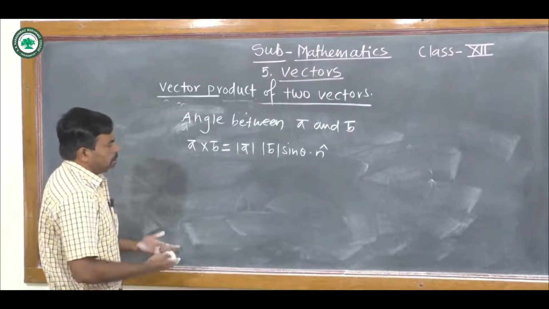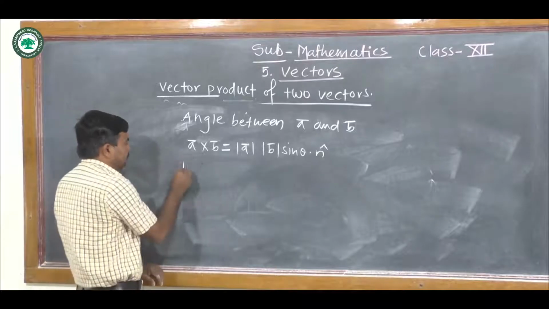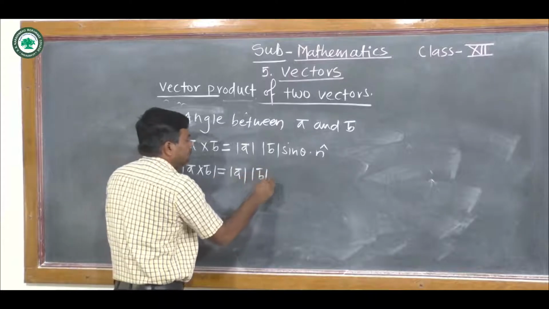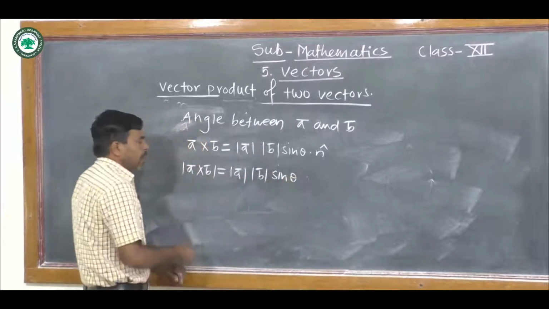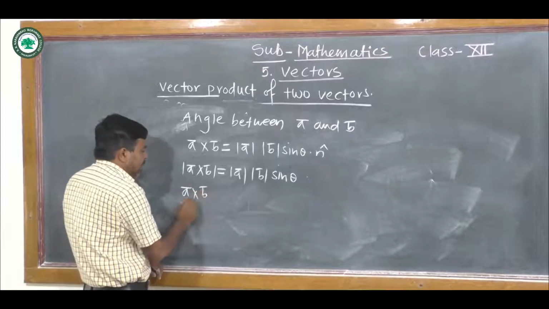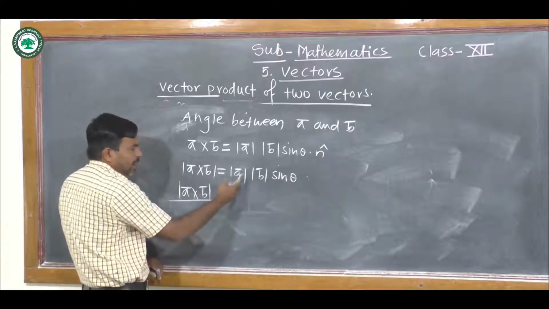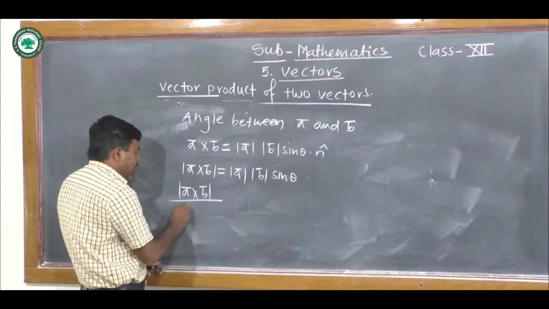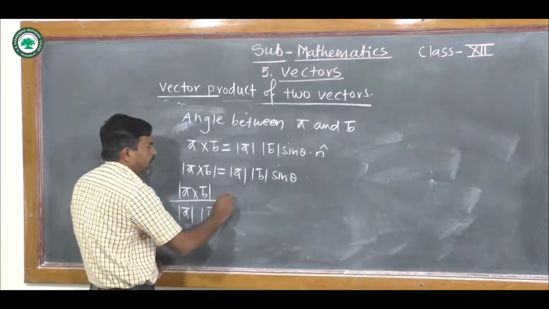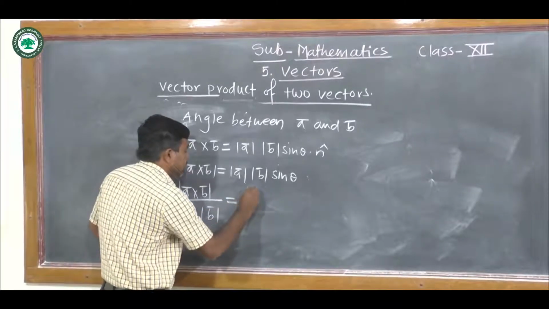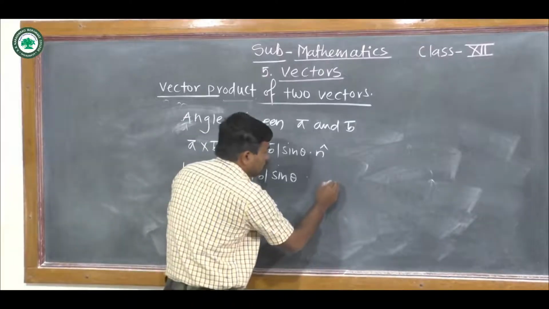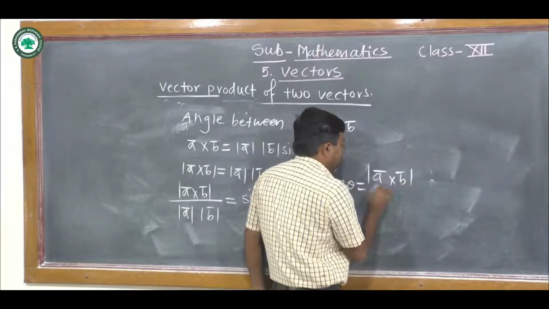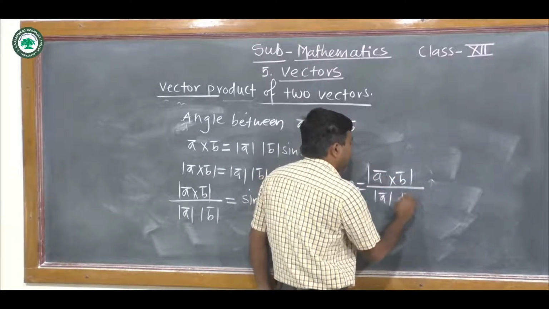If we take the magnitude of A bar cross B bar, it is equal to magnitude of vector A into magnitude of vector B into sine theta. It means, shifting magnitude of vector A and magnitude of vector B to the left hand side, magnitude of A bar cross B bar divided by magnitude of vector A into magnitude of vector B is equal to sine theta.